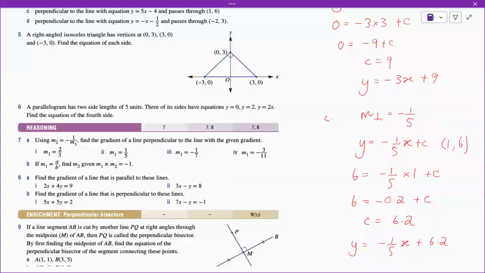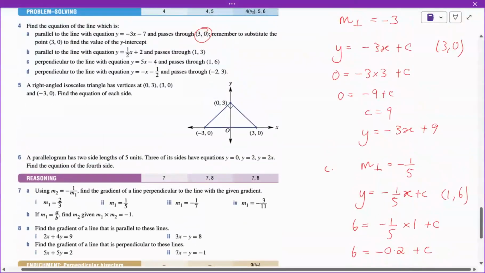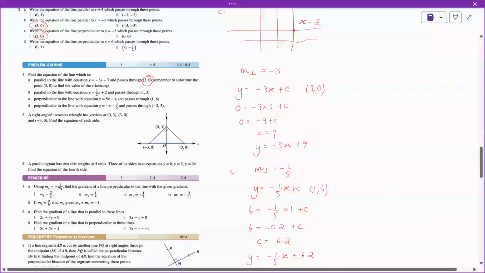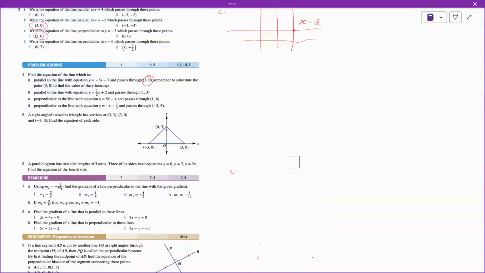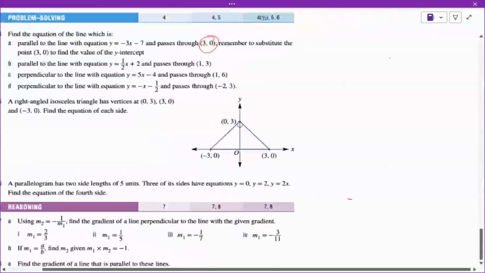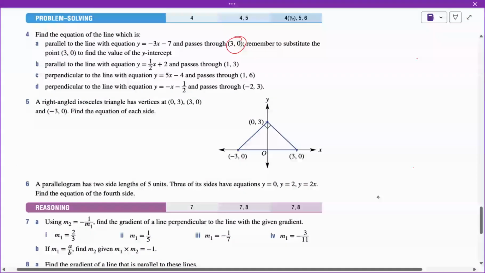Okay, I might do question 5, and then I think we're done. Let me rub some stuff out. Okay. Right, so we've got to find the equations of each of the sides of this triangle. Well, easily this first one, this side here, is just the line y equals 0.